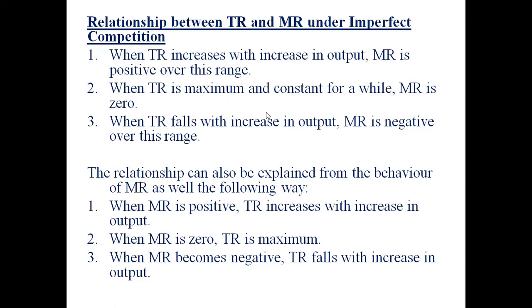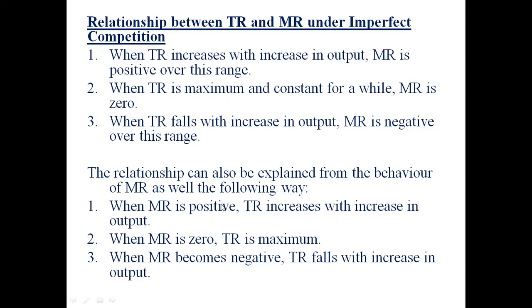Now the same relationship can also be explained from the behavior of MR as well. Previously we were discussing this from the point of view of the TR: in respect to TR, what happens to MR? Now the same relationship can be explained through the point of view of MR. So when MR is positive, 0 or negative, what happens to TR?